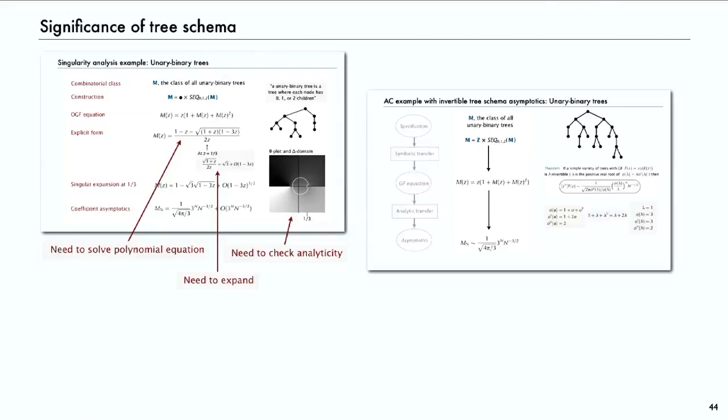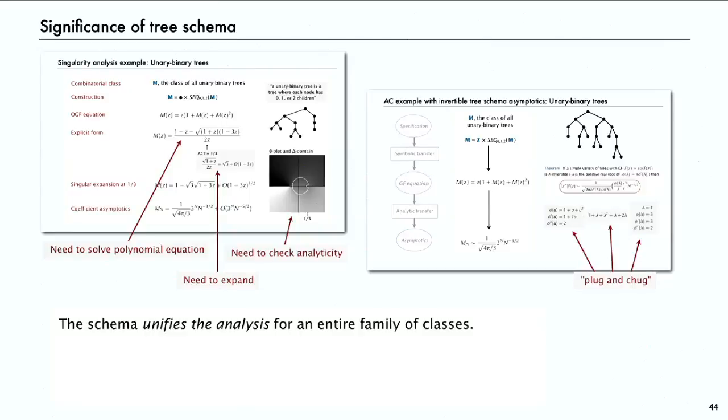But when we use the schema and the general theorem, it's completely plug and chug. You figure out phi, you figure out its derivatives, solve that characteristic equation, plug it in, and you have the coefficient asymptotics for any variety of tree. And the schema does its job. It unifies the analysis for an entire family of classes.